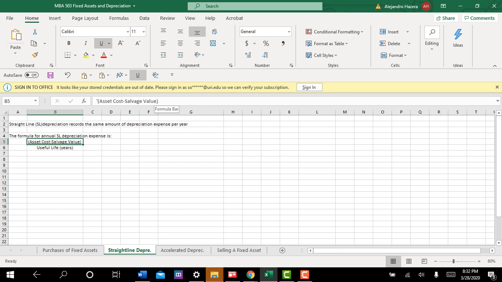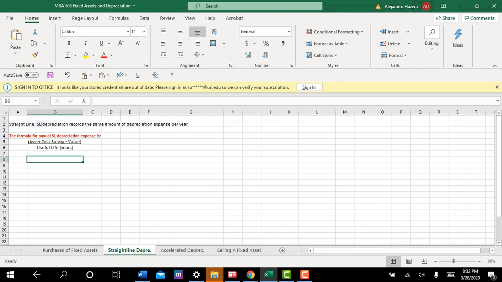So you take the asset cost, take out the salvage value, and divide by useful life, and that gives you your annual depreciation expense. So you use this formula right here to calculate it. Okay, now let's do an example. I'll try to put it all in the worksheet and we'll see how this works.